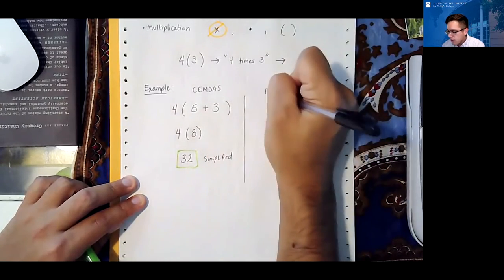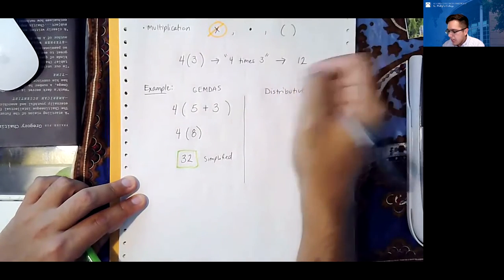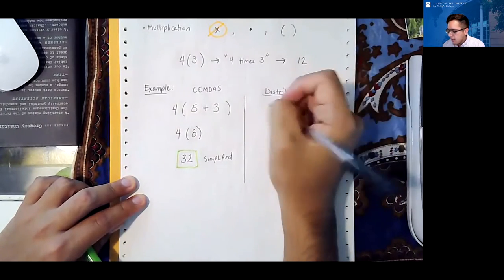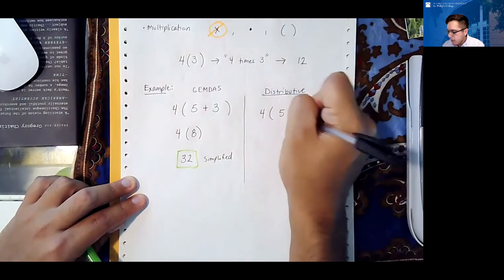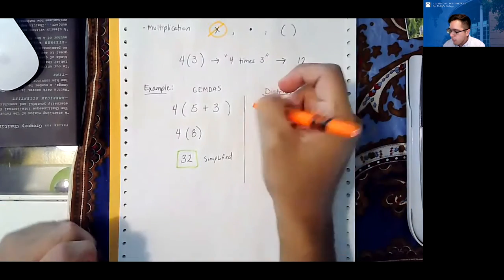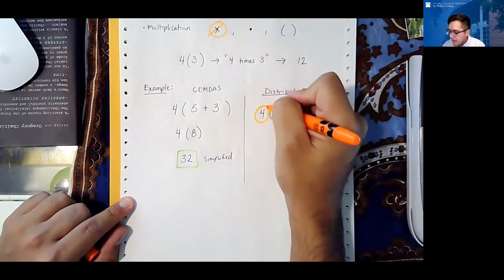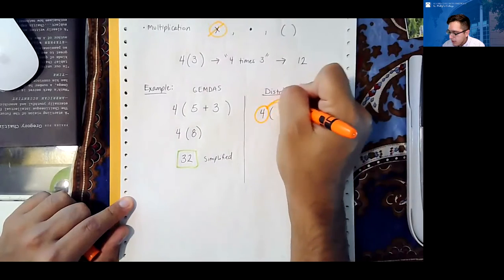But we could also use the distributive property here, which I haven't described yet, but I'll go ahead and demonstrate it. 4 times 5 plus 3. The distributive property would have us take the 4 and then multiply it across this addition problem here.